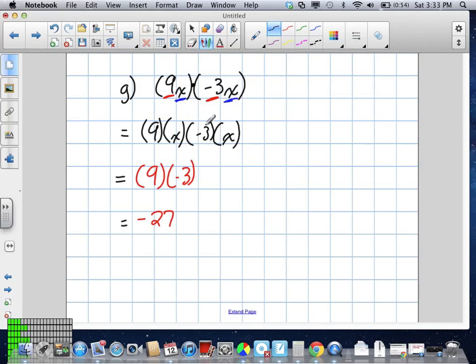What we're going to do is reorder them. I'm going to multiply my coefficients by each other, and I'm going to multiply my x's by each other. So that was 9 times negative 3 and x times x. Now you did this properly. 9 times negative 3 is negative 27. x times x. This is multiplying exponents. Now technically this is x to the power of 1 times x to the power of 1.